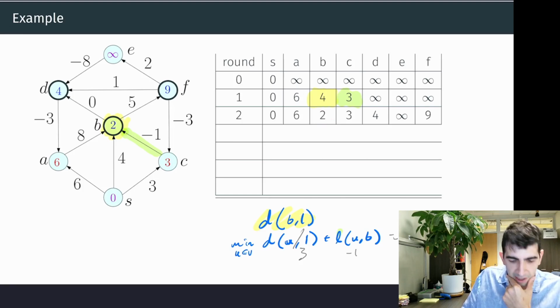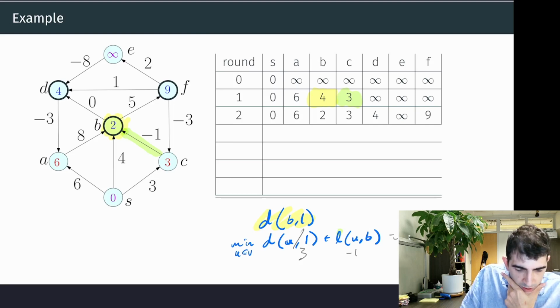Make sense? So we could do similar things. For instance, the distance to get to D using at most 2 edges, what is it?